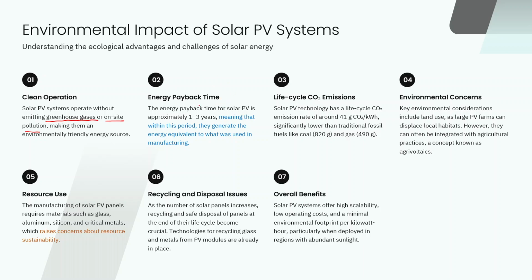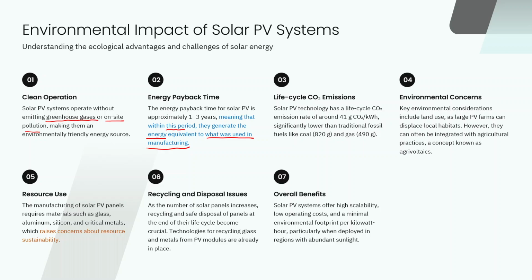And the energy payback time basically talks about how long it takes to generate the energy equivalent to what was used in manufacturing. This energy payback time for PV systems is approximately 1 to 3 years. That means they produce the energy they took for the manufacturing process within 1 to 3 years.